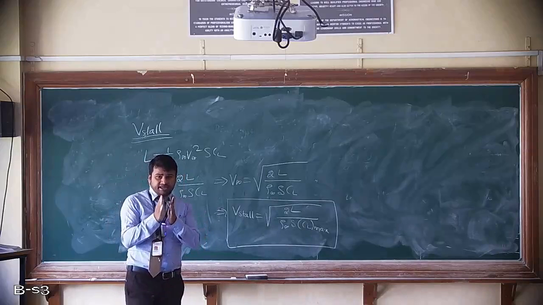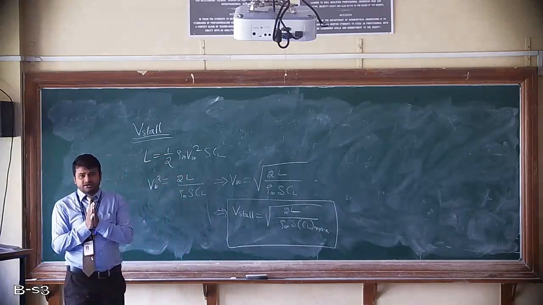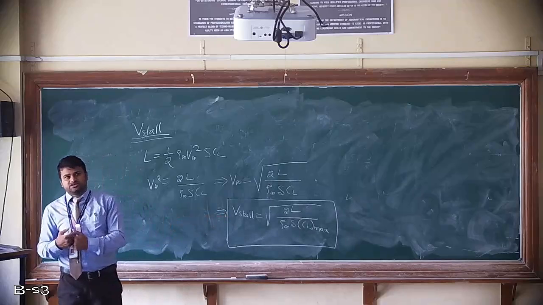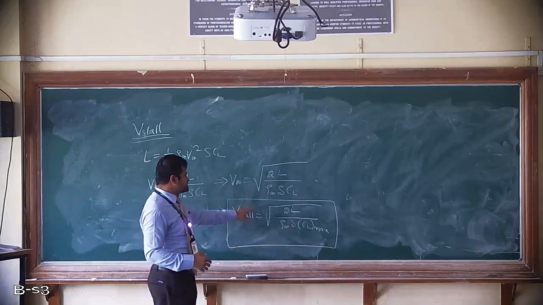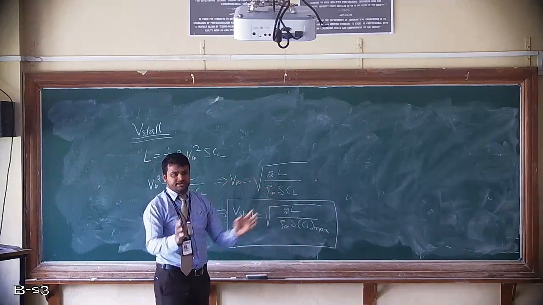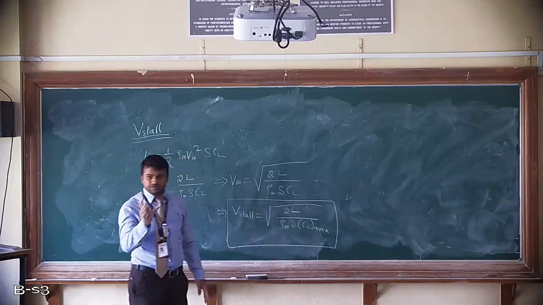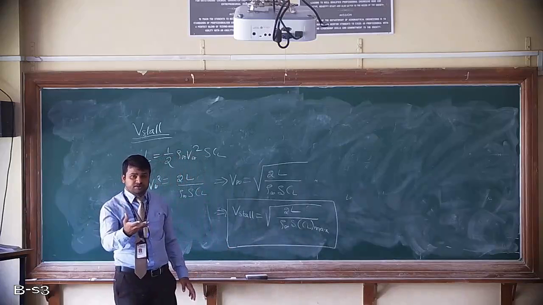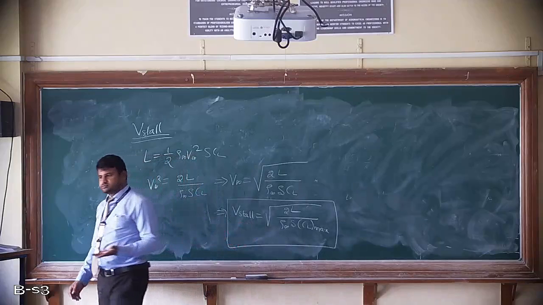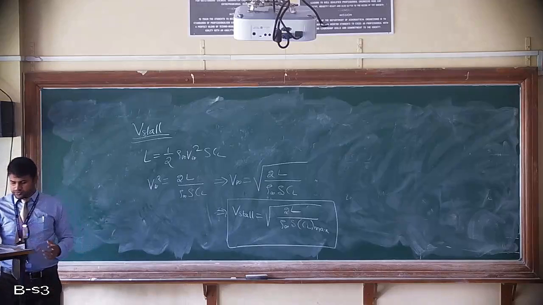Suppose your V stall is lesser than the minimum velocity, then we will consider V stall as the minimum velocity. That we have to understand. So this is about V stall.